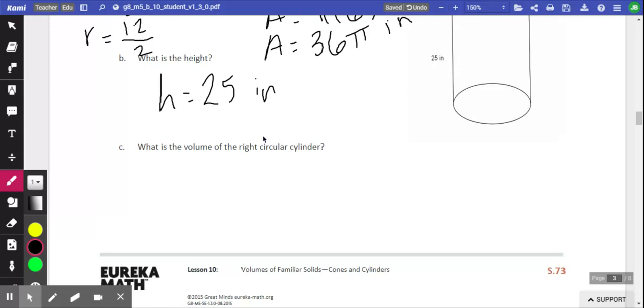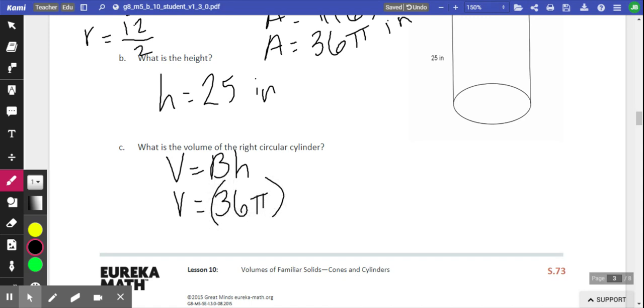And then C says, what is the volume of the right circular cylinder? Once again, volume equals the area of your base times the height. So you're going to have volume equals 36 pi times the height of 25. And once again, do not actually put pi into it.